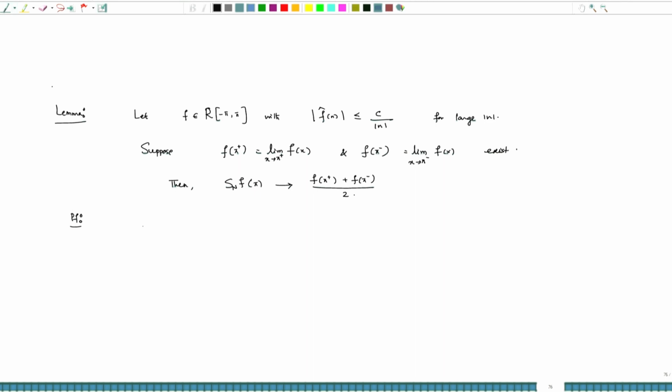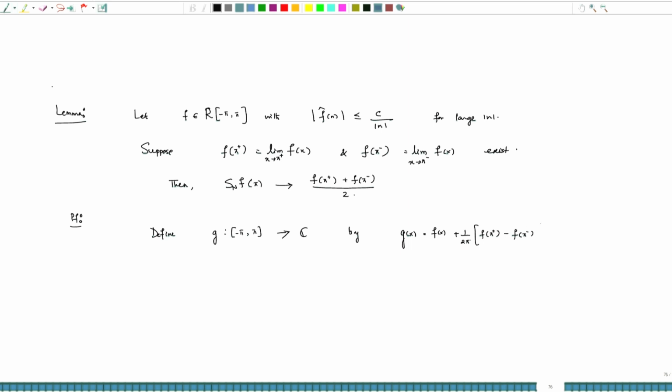Now, what I will do is define g from minus pi to pi to the complex numbers by g of x equal to f of x plus 1 by 2 pi times f of pi plus minus f of pi minus.